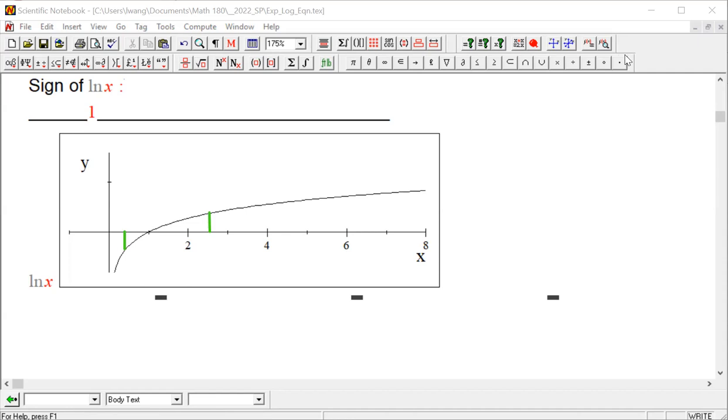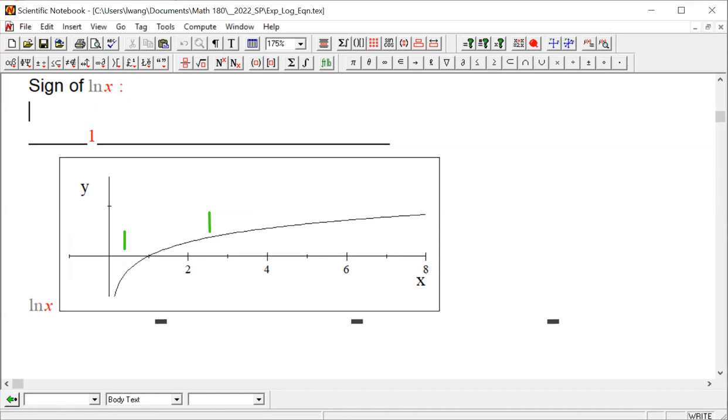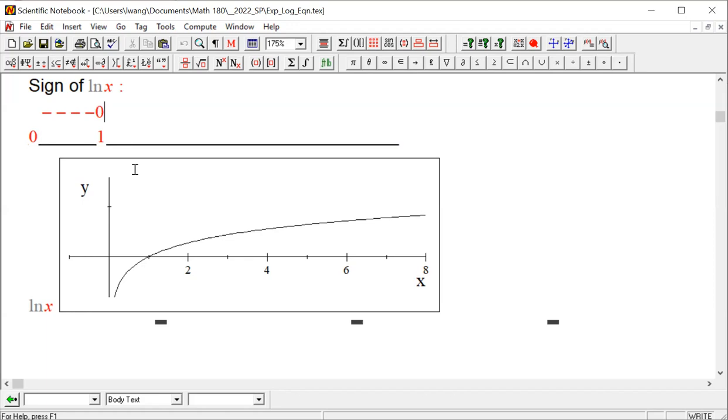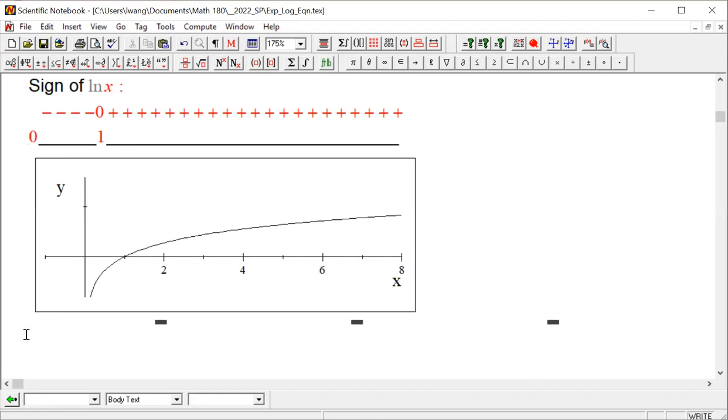So we look at that picture so we can tell, at 1. So from here, ln x is negative from 0 to 1, not including 0, and at 1 is 0. Above 1 is going to be a bunch of positive. That's the sign of ln x, if that helps.